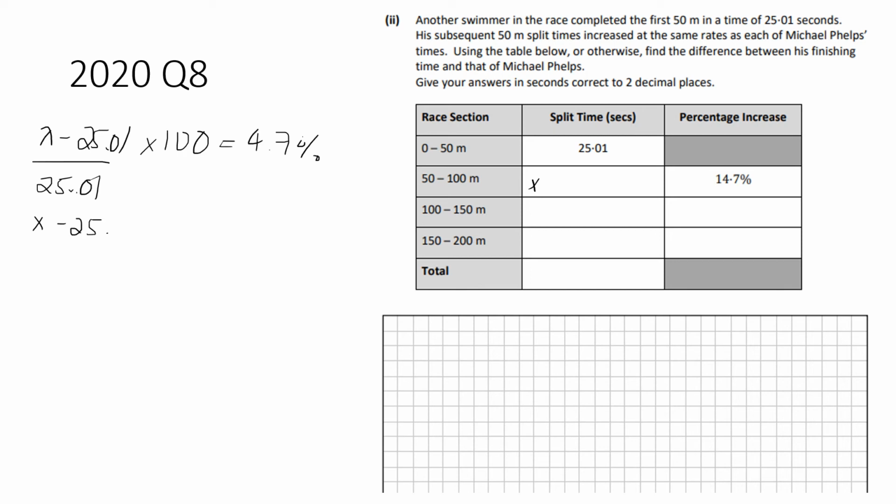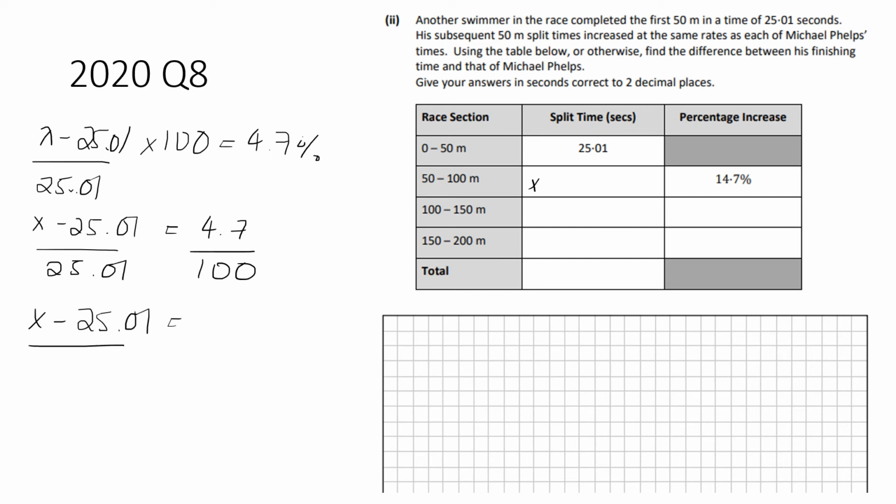So x minus 25.01 over 25.01, and instead of multiplying by 100, you divide it by 100, and then you get your small decimal of 0.047. What you can do now is cross multiply.